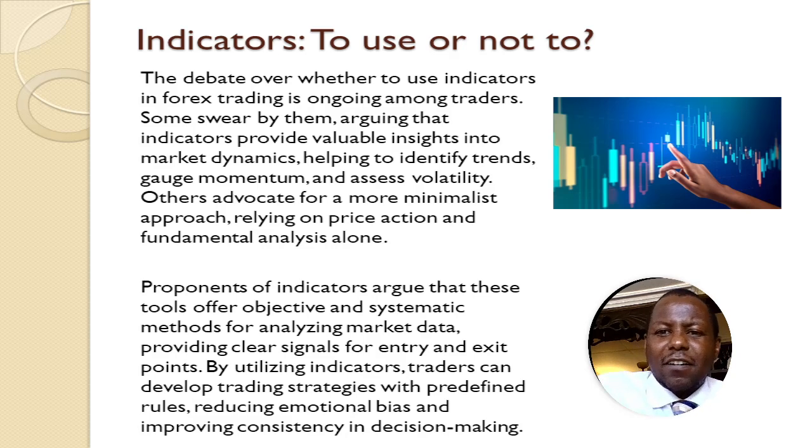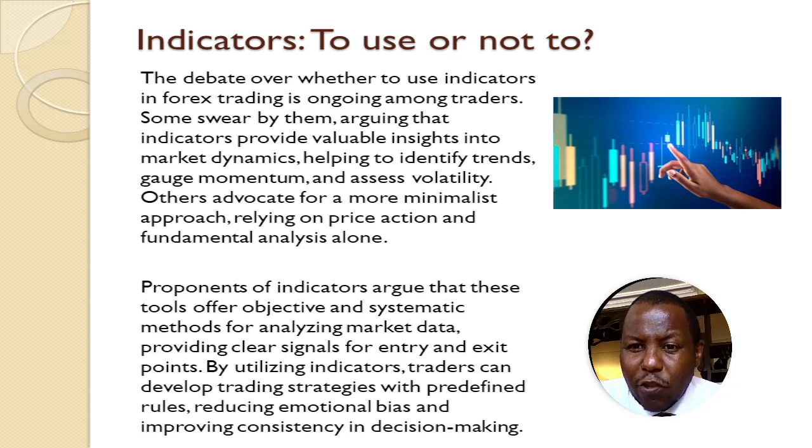All right, the second paragraph here says proponents of indicators argue that these tools offer objective and systematic methods for analyzing market data, providing clear signals for entry and exit points. Yeah, and I think that's true.